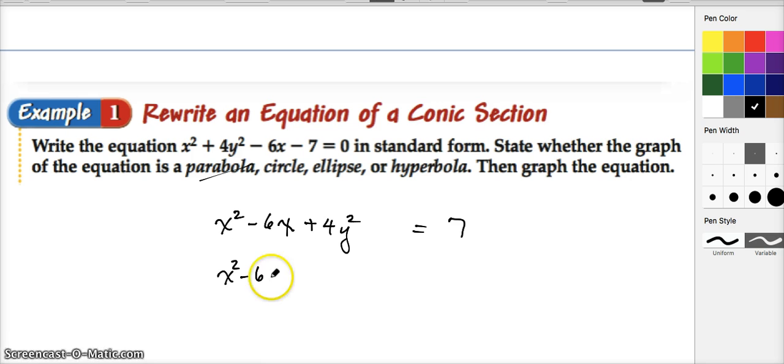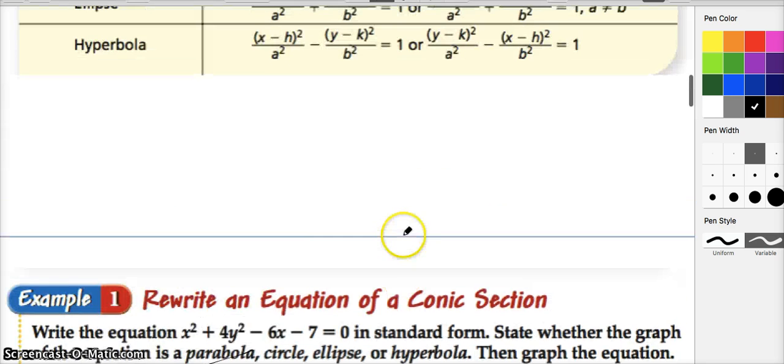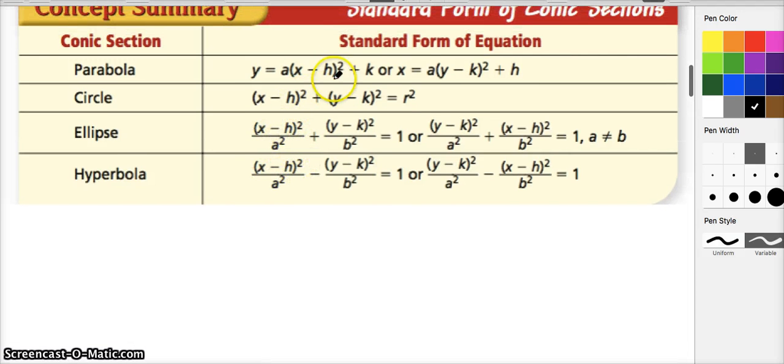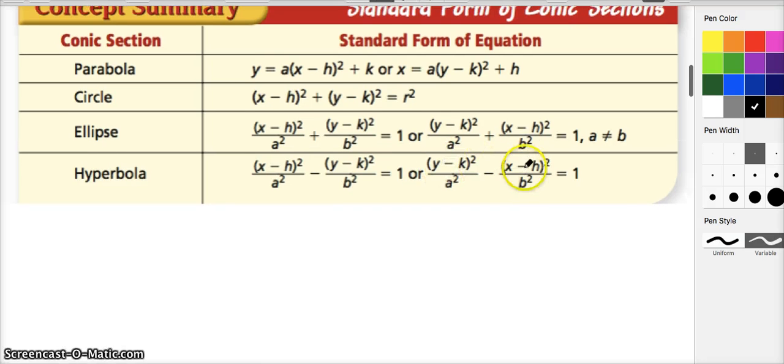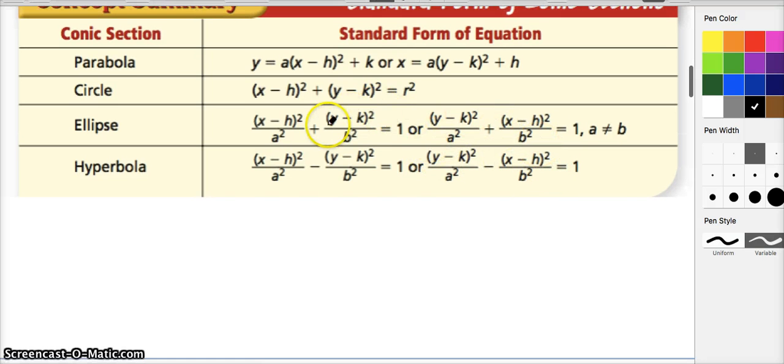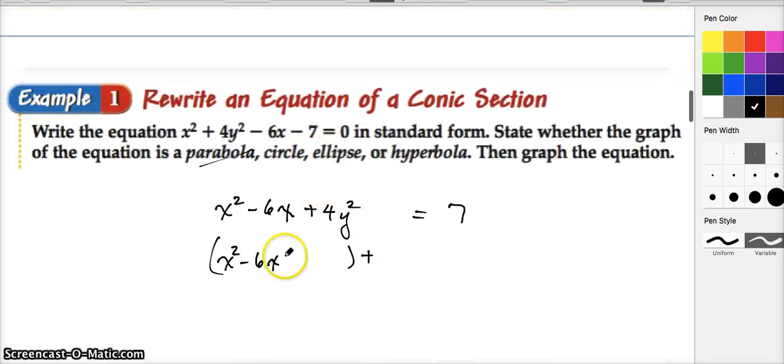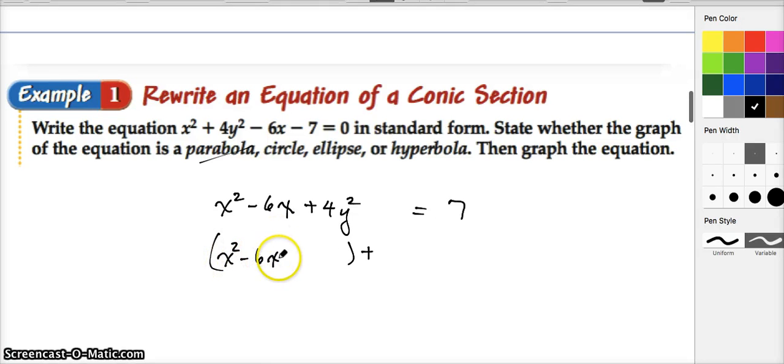Then we're going to complete the square of each of these terms, because each of these terms, when written in the formula, is like a perfect square trinomial, right? X minus something squared, x plus something squared, or whatever. So x squared minus 6x, I'm leaving a blank, plus 4, I'm going to factor that 4 out, y squared, and that's equal to 7.